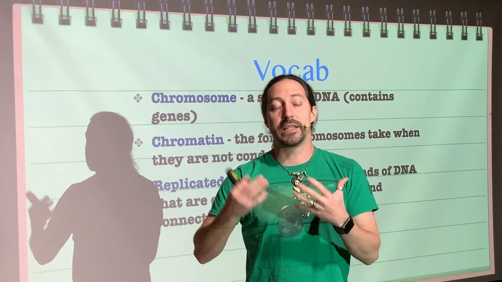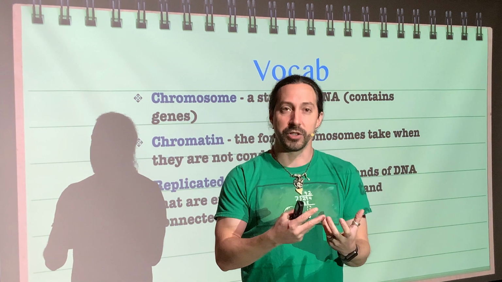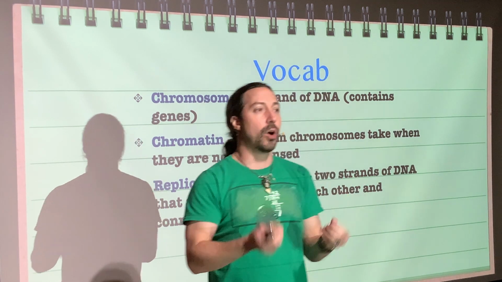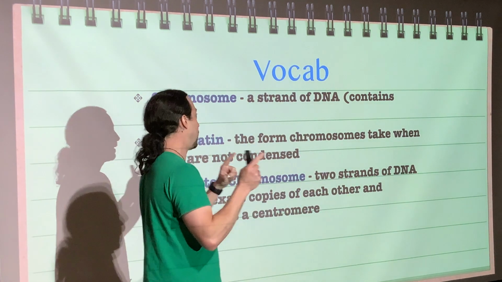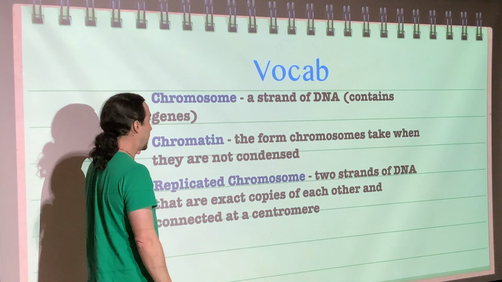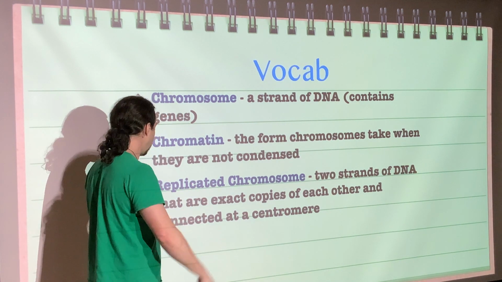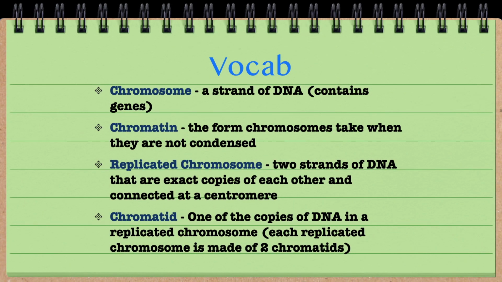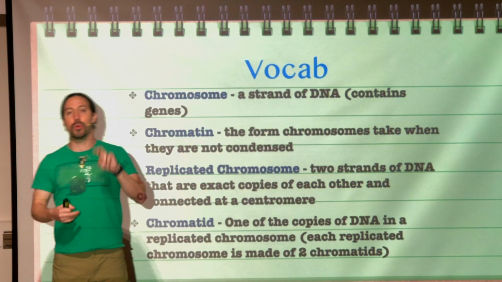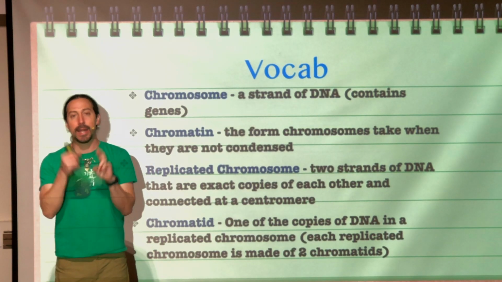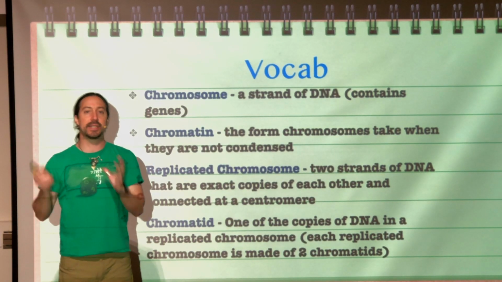The S phase is about replicating those chromosomes, but they don't condense until the M phase. They stay as chromatin during the entirety of the S phase. And then a chromatid is one of the copies that exists on a replicated chromosome. So when you have two copies that are connected together, each copy is called a sister chromatid.